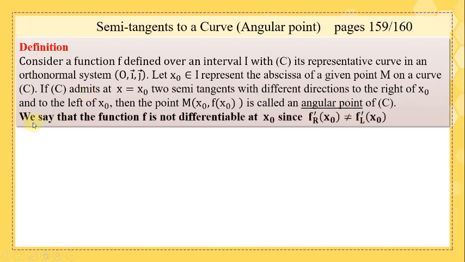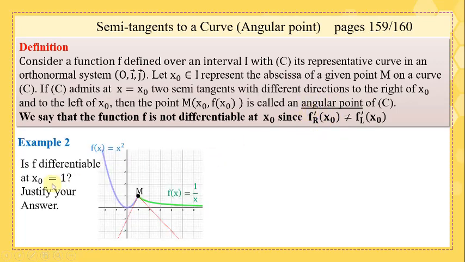And in this case, we say that the function is not differentiable because the number derivative at the right of this point is different from the number derivative at the left of this point. In other words, graphically, the slope of the semitangent here is different from the slope of the semitangent here, because we said we have two semitangents with different directions. Remember that the number derivative represents graphically the slope of the tangent at the point.